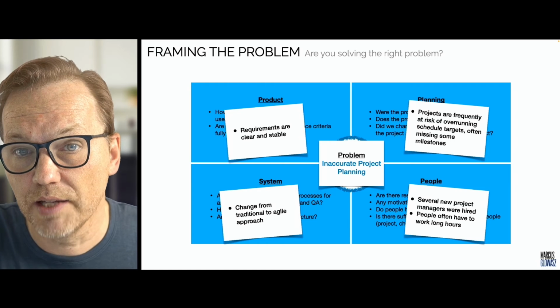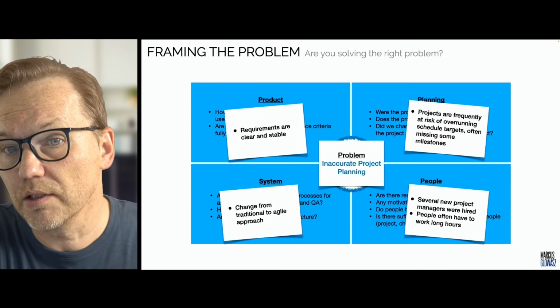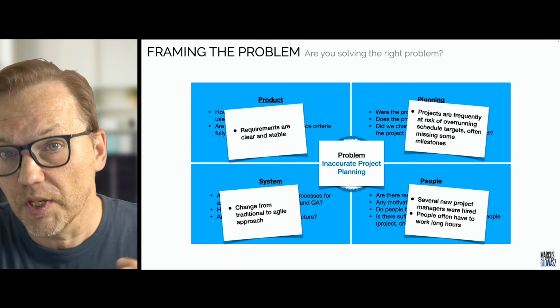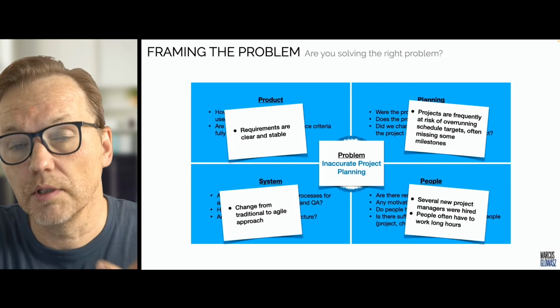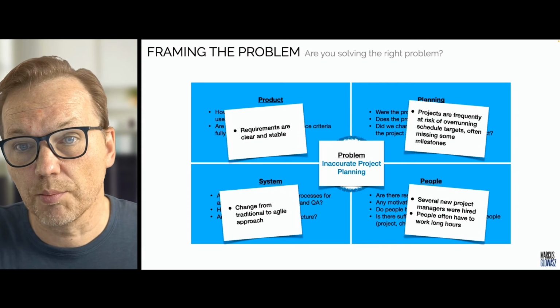It's rather inaccurate because of the new project managers who are not really fully familiar with certain processes. We realize that we're often missing the intermediate milestones, which certainly must be an issue with project planning then.